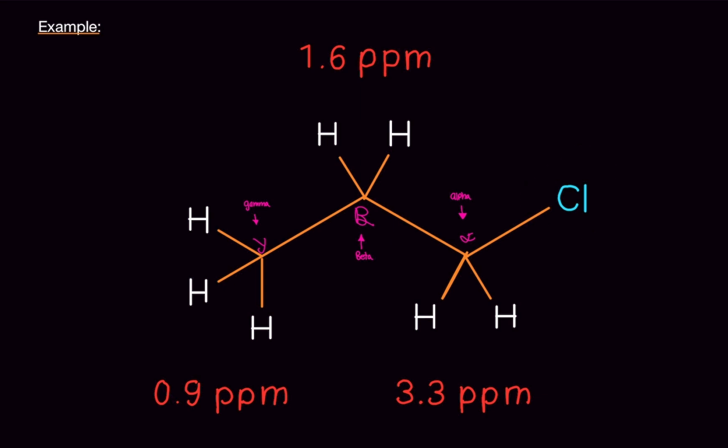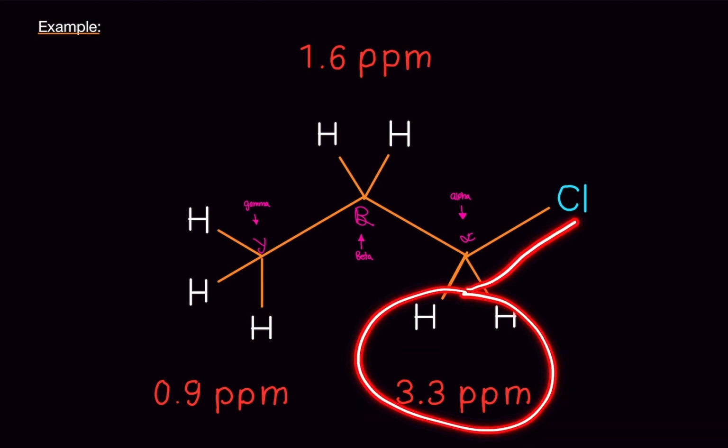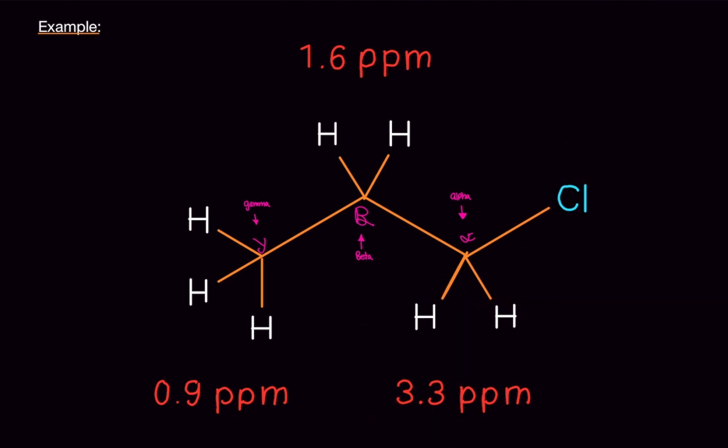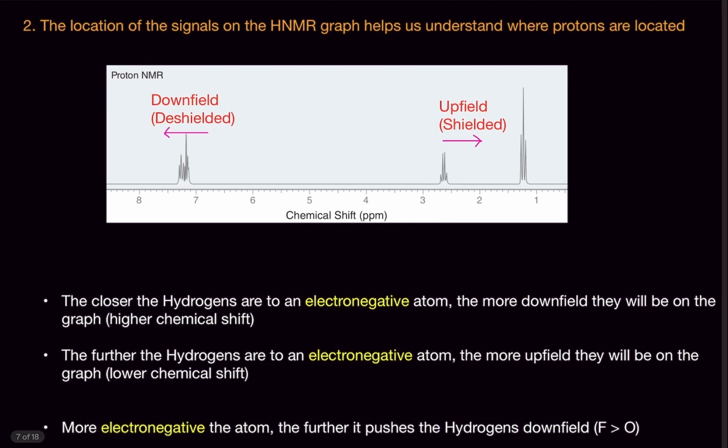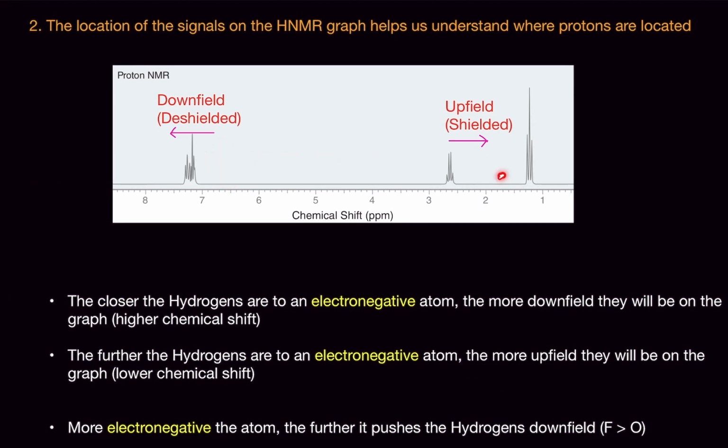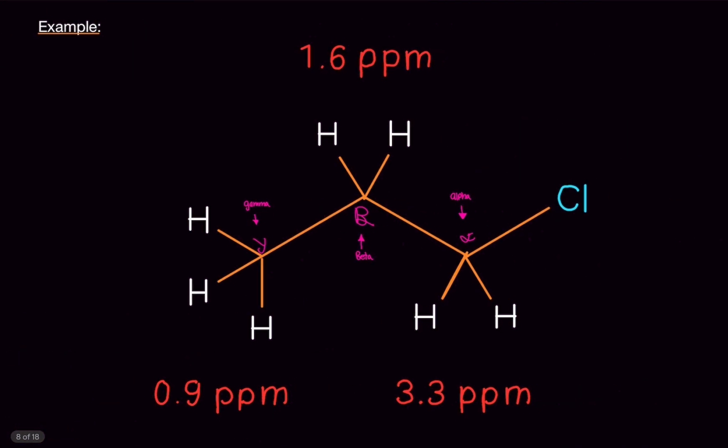You'll notice that these hydrogens here are very close to a chlorine atom with a 3.3, compared to these hydrogens, which are further away at a 1.6 from the chlorine. 3.3 is higher than 1.6 because the chlorine is closer to these hydrogens. So the closer to the electronegative atom, the higher the number, okay?